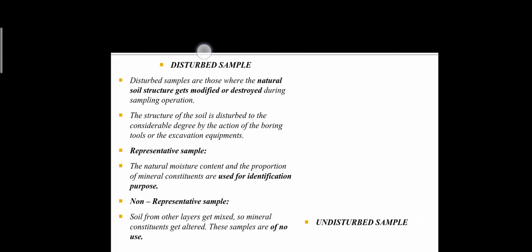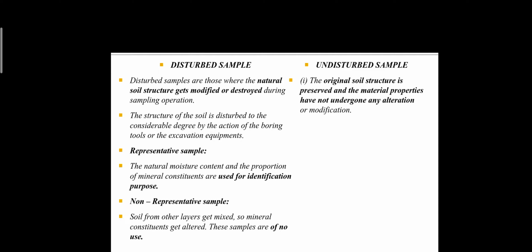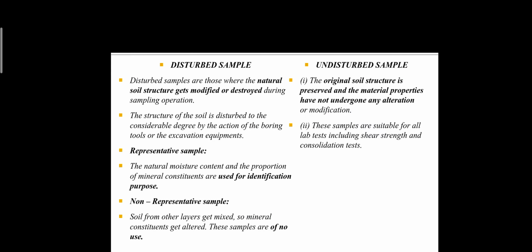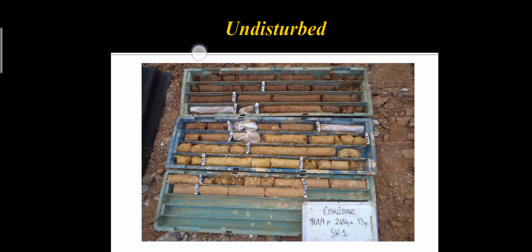When you take undisturbed samples, their original mineral composition and structure will be preserved. There will not be any alteration. They are intact, so they can be used in lab tests for finding engineering properties like strength, consolidation and permeability.